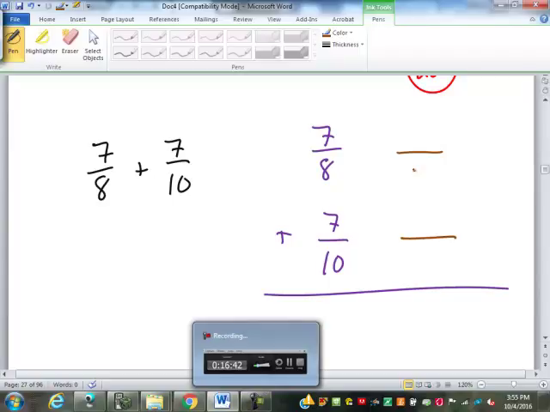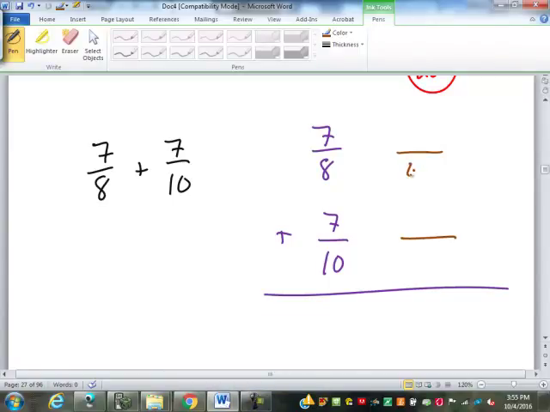What'd you get? 40. Very good. So this up here is going to become 8 times 5 makes 40, so 7 times 5 is 35. What's this become? 28. Good. 10 times 4 makes 40, so 7 times 4 makes 28.